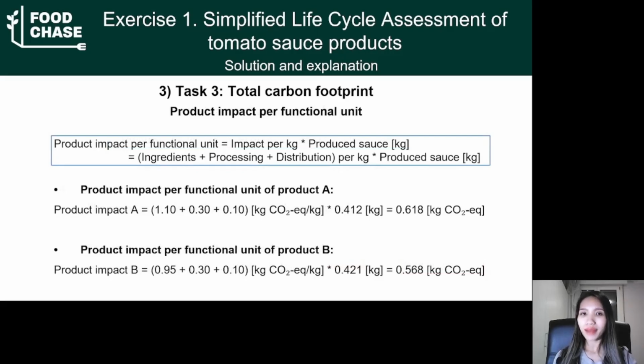Next, we have to calculate the product impact per functional unit. Applying the formula, we obtain that the product impact per functional unit of product A is equal to 0.618 kilogram CO2 equivalent, and in the case of product B is 0.568 kilogram of CO2 equivalents.